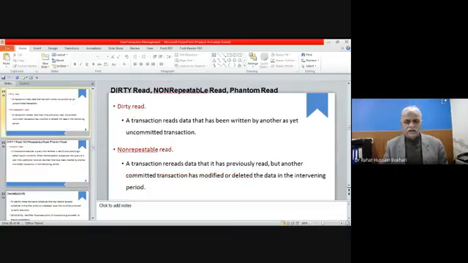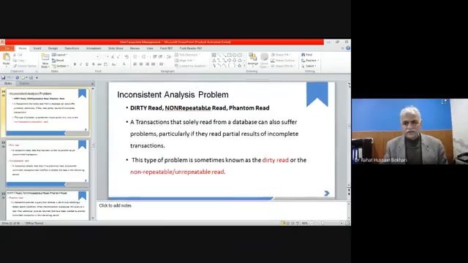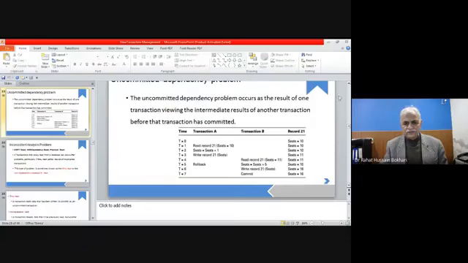Regarding dirty read, a transaction reads data that has been written by another as yet uncommitted transaction. We have already learned within our previous slides that if the thing is still not committed, here, this transaction A is not committed.